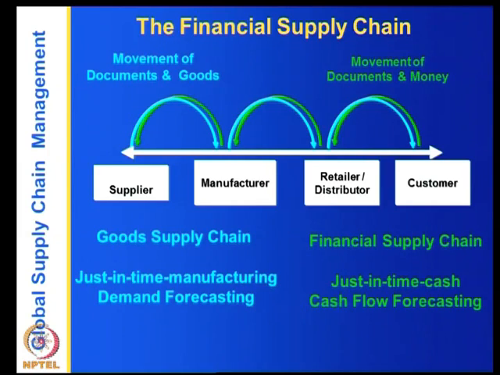So cash flow forecasting becomes very, very important in the financial supply chain. It's important to see that the goods move in the forward direction, and the funds move in the backward direction.